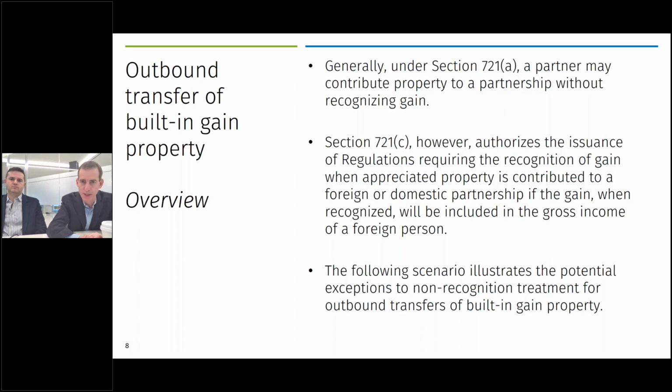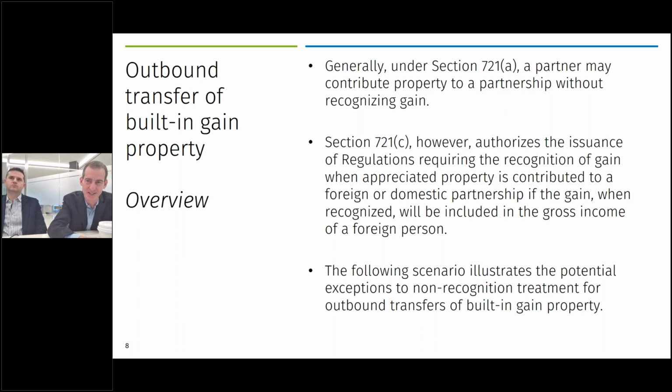You don't have to have 80% of the transferee. Just any contribution of built-in gain property is going to be, in the first instance, eligible for non-recognition treatment under 721(a). But like everything, all general rules in the tax code have way more exceptions than there are general rules, and that's usually where all the action is.